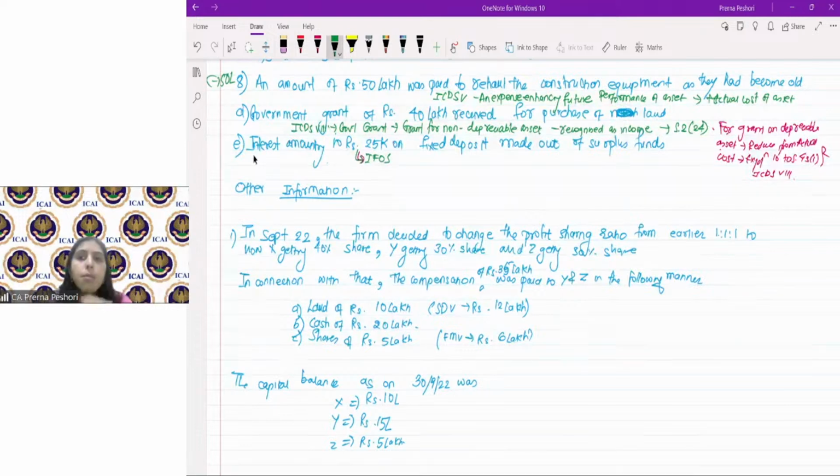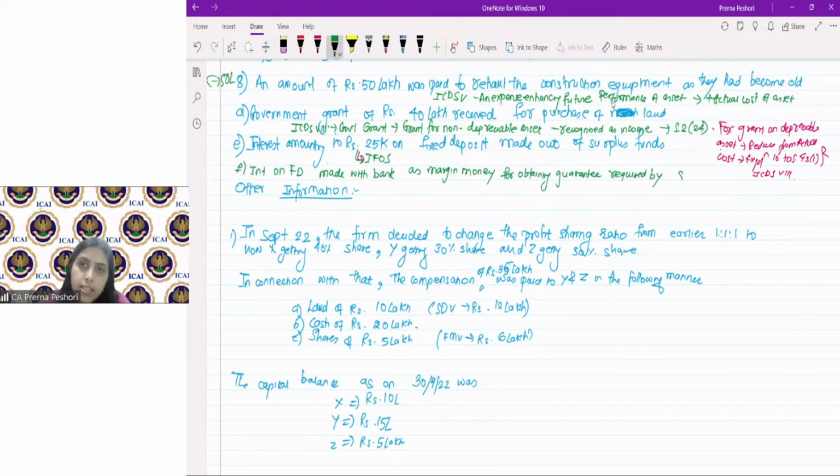Now let me give you one more adjustment. Let's say, instead of this surplus fund, the interest on fixed deposit made with the bank as margin money for obtaining the guarantee required by the state government on obtaining a particular contract, rupees 5 lakh.